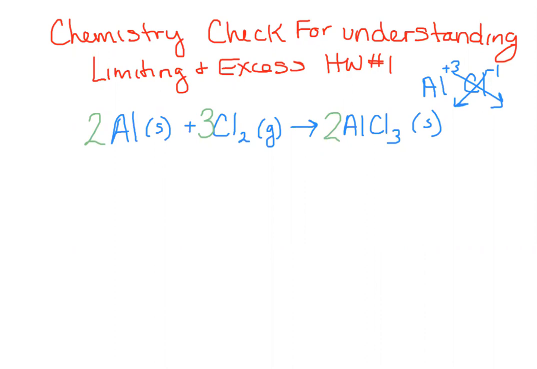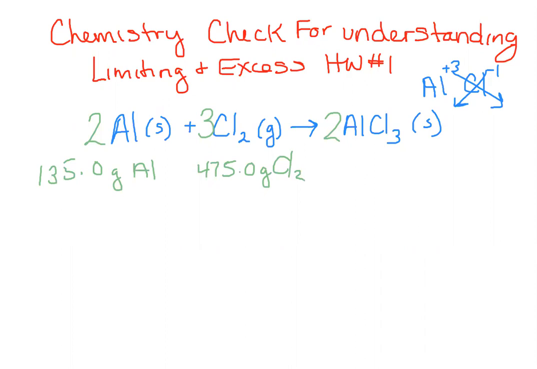Now it says, how many grams of aluminum chloride will be produced if the reaction begins with 135.0 grams of aluminum and 475.0 grams of chlorine gas.